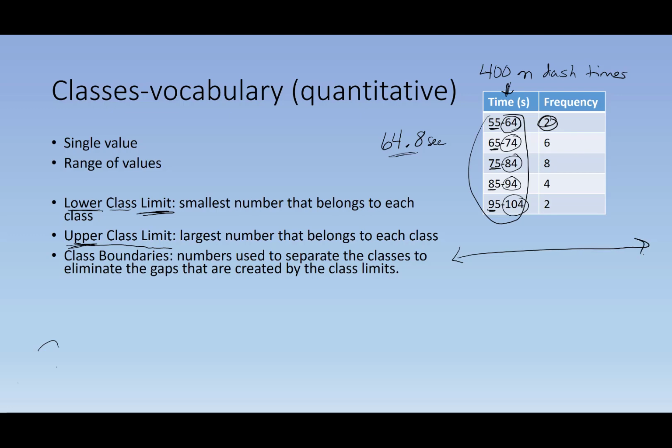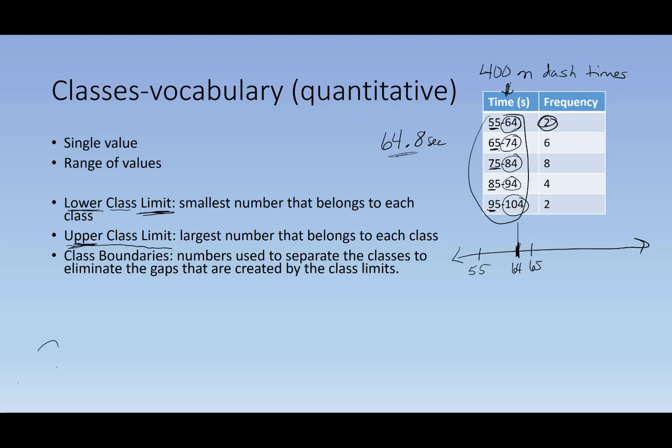Now the easiest way to visualize this is through using a number line. So if I were to plot some of my class limits here, let's say I have 55 there, I have 64 here, and then I have 65 right there. Well, our class boundary is going to be a value that's in between our classes. So my upper class limit for my first class was right here at 64.